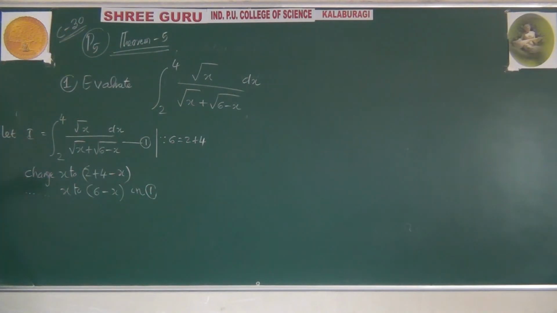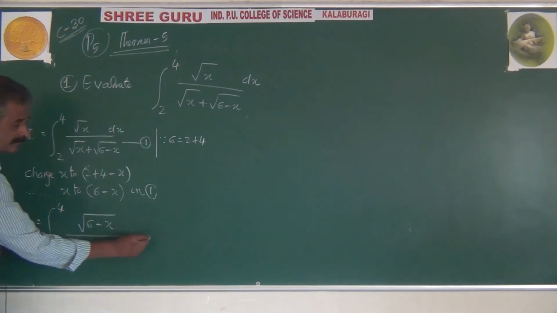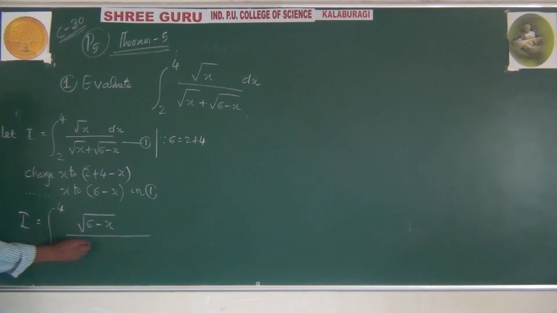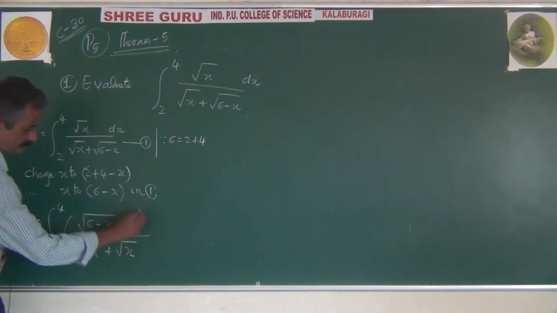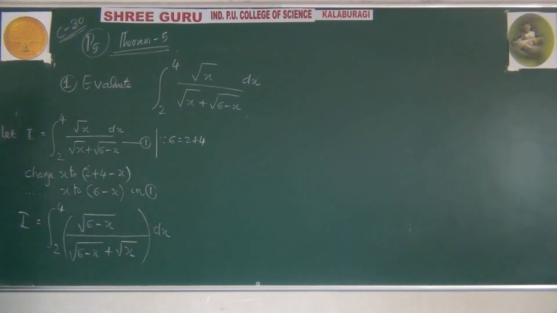Changing x to 6 minus x is equally the same as changing 6 minus x to x. Hence, I equals integration 2 to 4 root of 6 minus x divided by root of 6 minus x plus root of x. Call it 2.